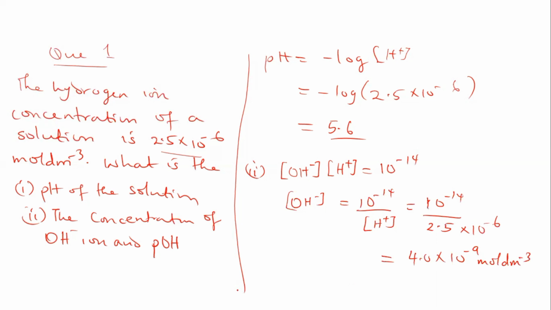So the question now says that you should calculate the pOH. Of course, you can say that pOH is minus log the concentration of OH. Or you can as well use the formula of pH plus pOH equals 14.